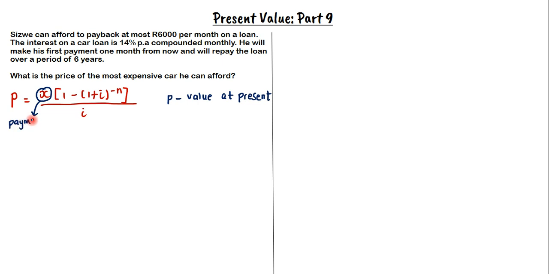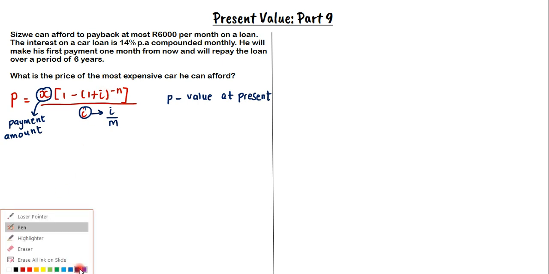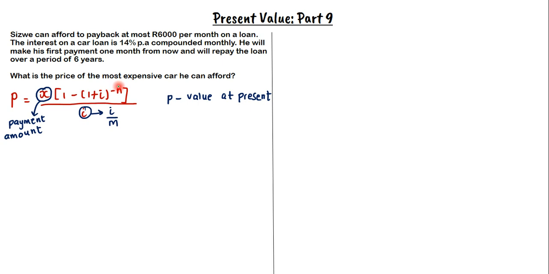And then i, of course, is the interest, but it is always per annum, so if you want to get its compound, you divide it by m. And then we have n here. When we were talking about future value, we said that n tells you the number of deposits that you've made.